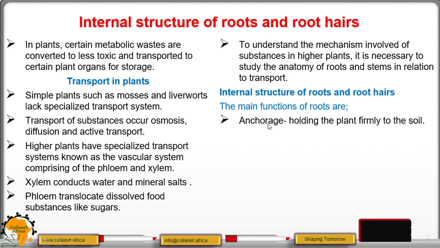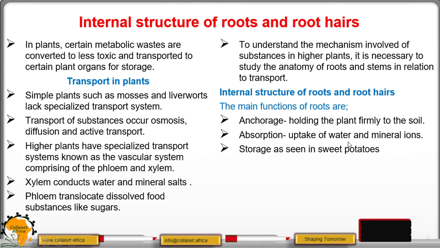One is anchorage, that is holding the plant strongly to the soil. Absorption, that is uptake of water and mineral ions from the soil. Roots also perform storage, as seen in sweet potato plants. Gaseous exchange, as seen in mangrove plants.